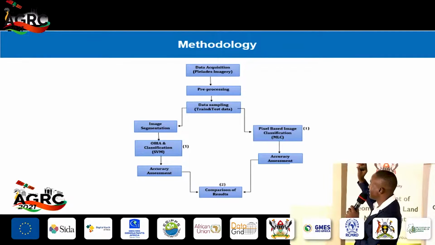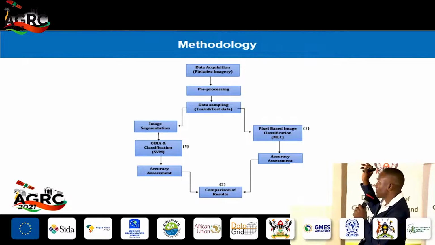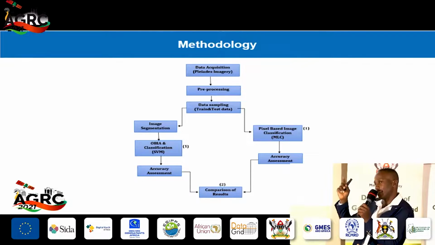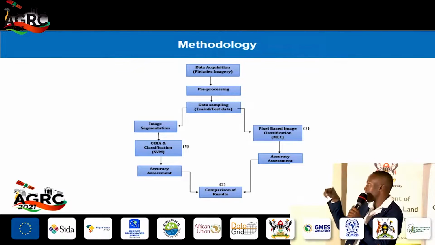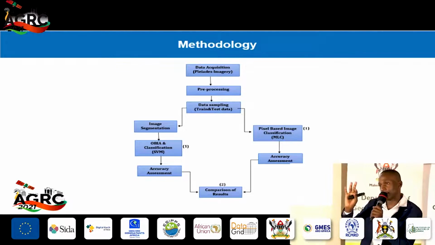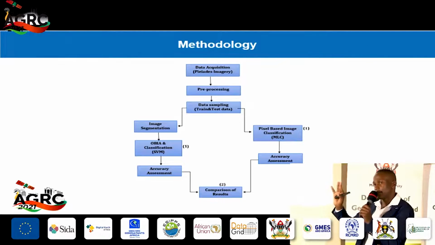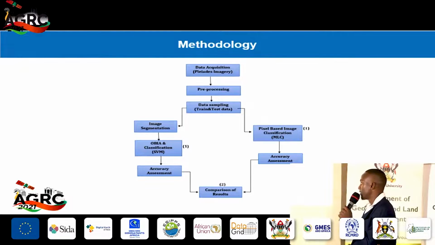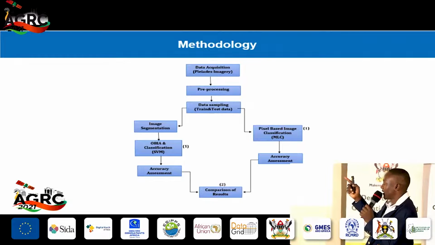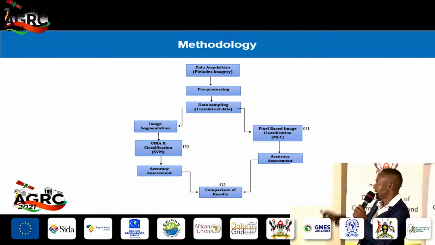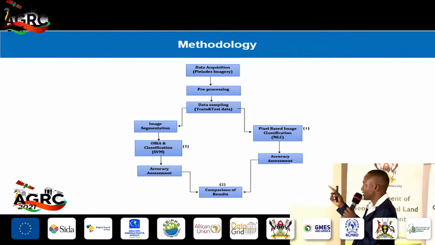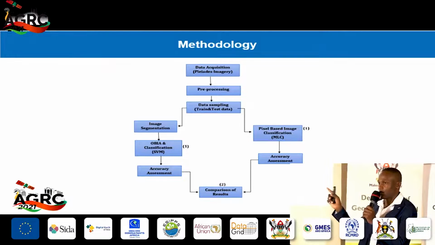I used PlanetScope imagery. Of course, you pre-process it, and then select a study area. After that, you select training samples for the OBIA side, and training samples for the pixel side. At the same time, you also select the testing samples before you jump into the training. After you segment your image, I used the support vector machine to do the classification.